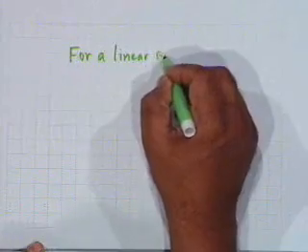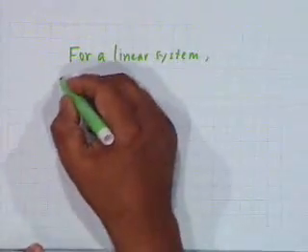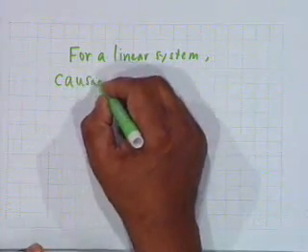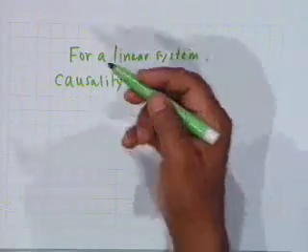The moral of this exercise is that for a linear system, now we shall prove it formally. For a linear system, causality demands, we state it in the form of a theorem now.